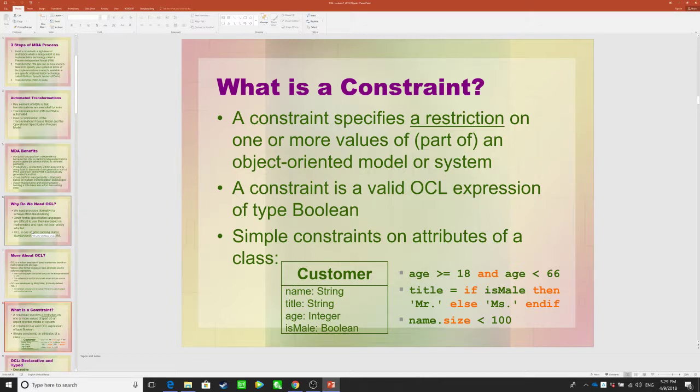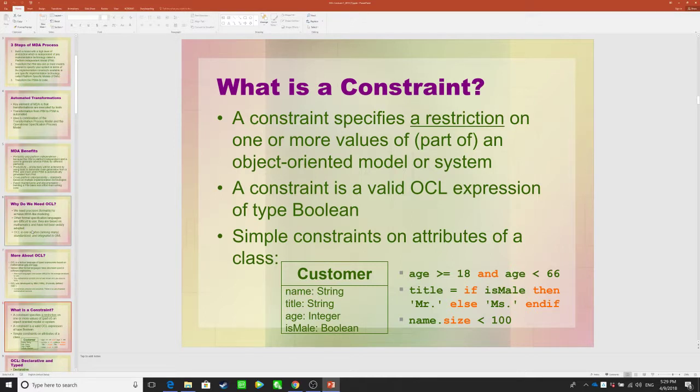Like title, the value of title can only be Mr. or Mrs. If is male is true, then it's Mr., else it's going to be Mrs. So this whole thing, we give this value to title, and this can return a Boolean value.